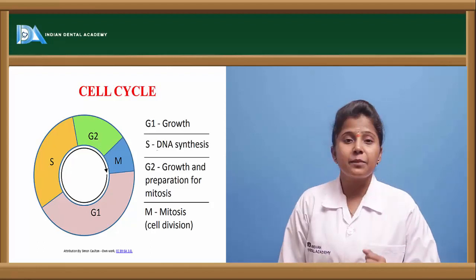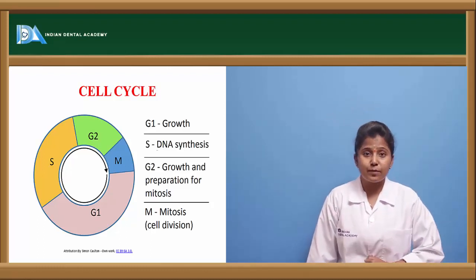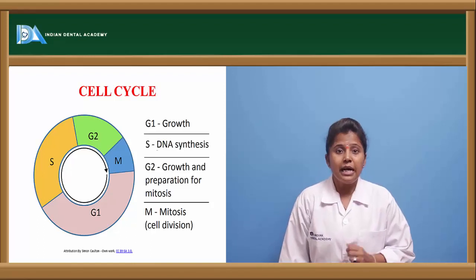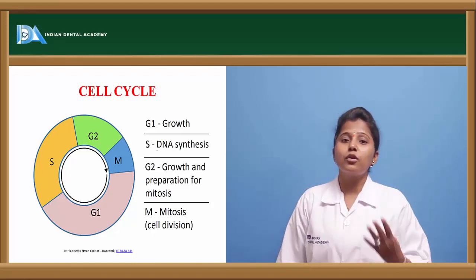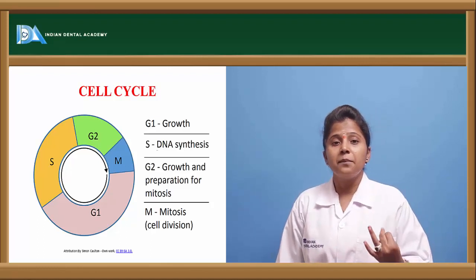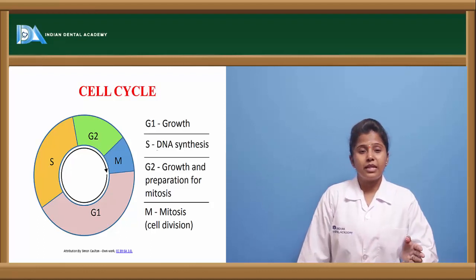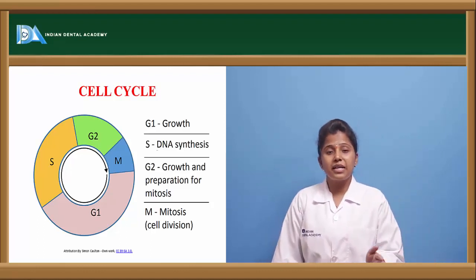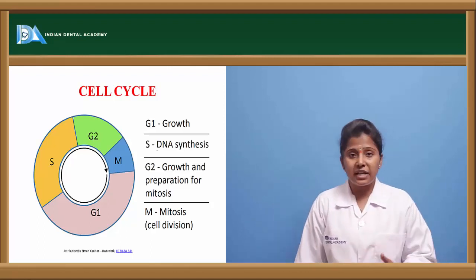The M phase is the mitosis phase, where the actual division of the cell takes place. In mitosis there are 4 different stages: prophase, metaphase, anaphase and telophase. The cell undergoes all these 4 stages, and finally the DNA replication is observed.